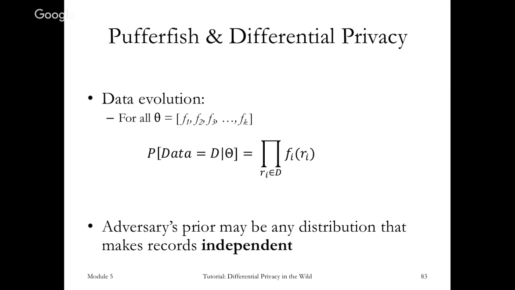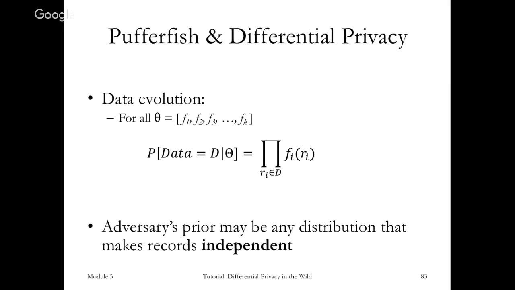What are the data evolution scenarios? One way you can write it is to say that you have a bunch of records, and each record has some probability of appearing in the data set with some value. Let's say my attackers all assume that the records are independent, but they may have an arbitrary prior for each record in the data set.